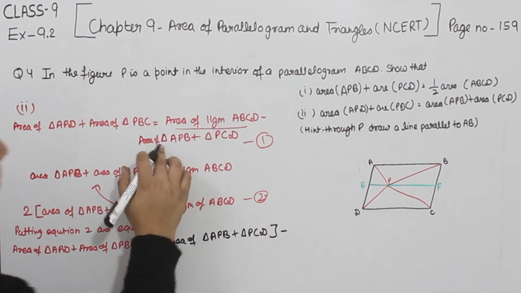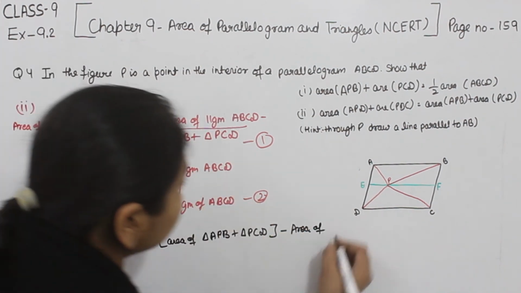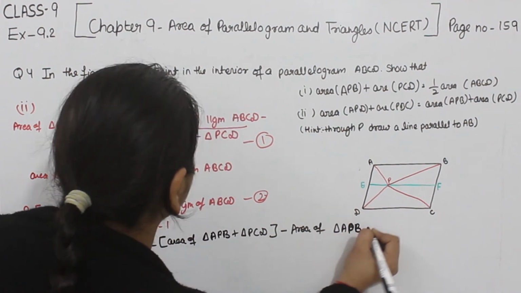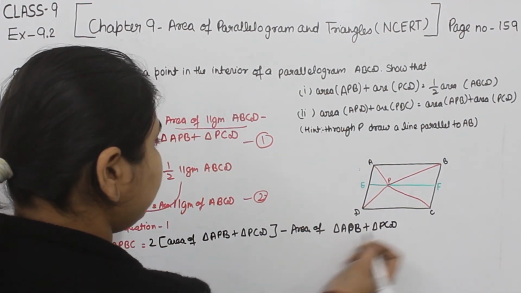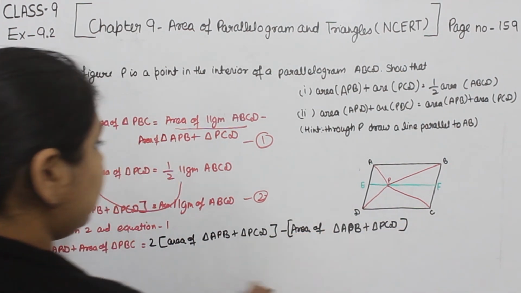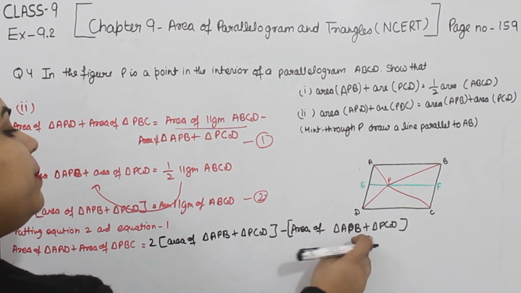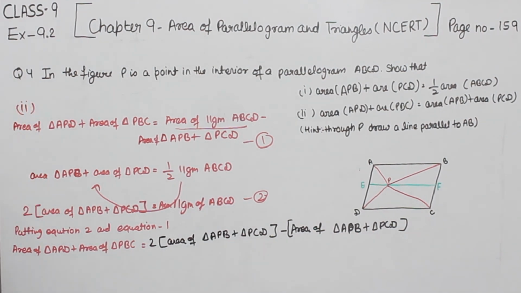minus the area of triangle APB plus triangle PCD. Now this is 2 times the area and this is 1 time. If we subtract this, we are left with 1 time.